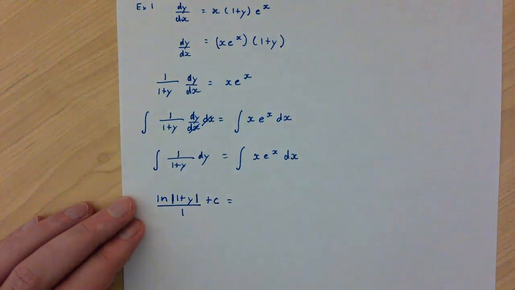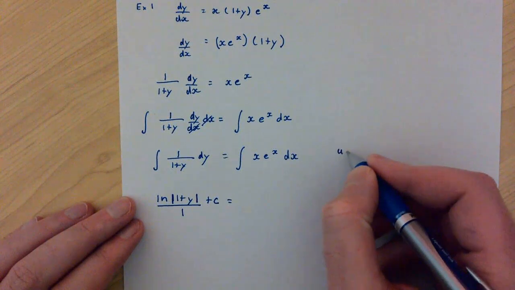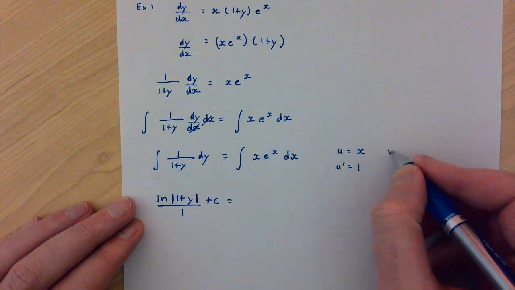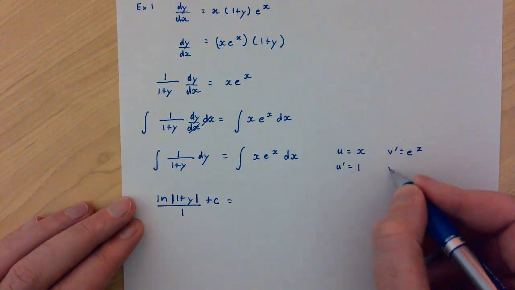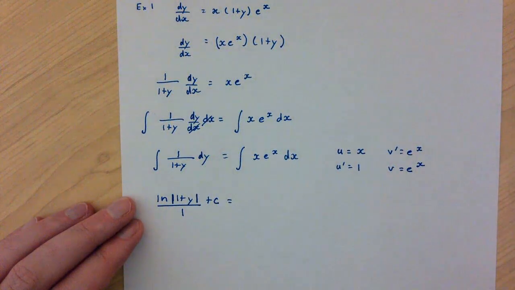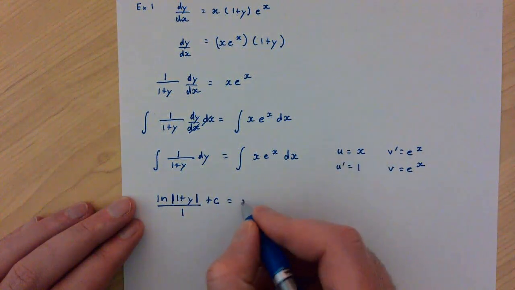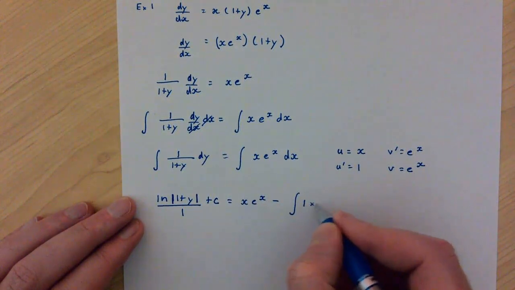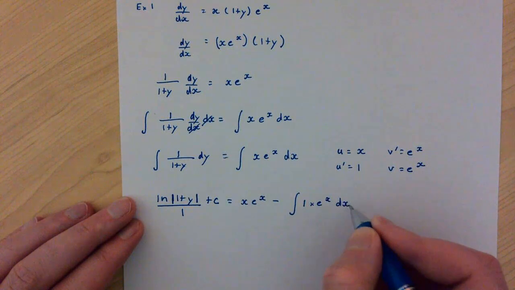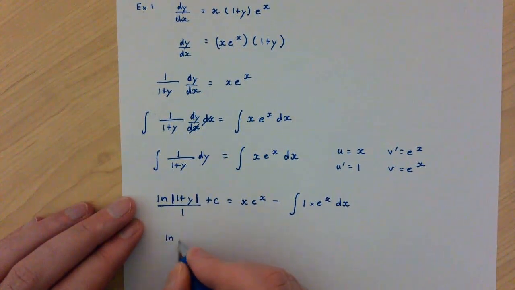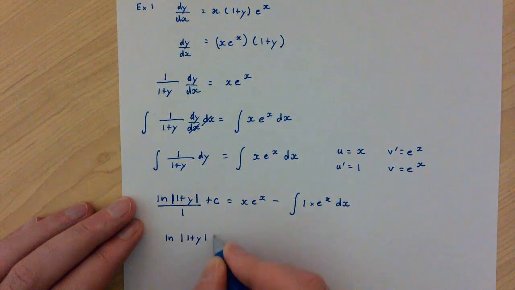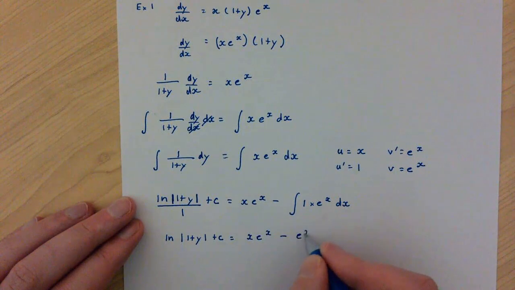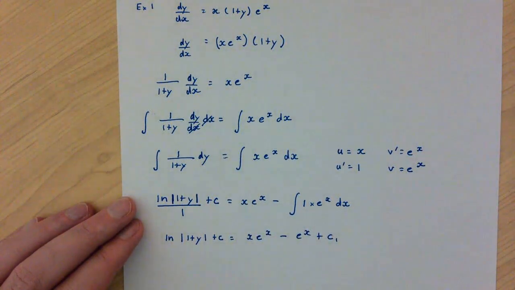And then that's equal to, now out here, we're going to say u is equal to x, so u dash is equal to 1. v dash is equal to e to the power of x, so v is e to the power of x. This is using integration by parts. So I'll have x e to the power of x, take the integral of 1 times e to the power of x dx. So it's ln of the modulus of 1 plus y plus c is equal to x e to the power of x minus e to the power of x plus c1.